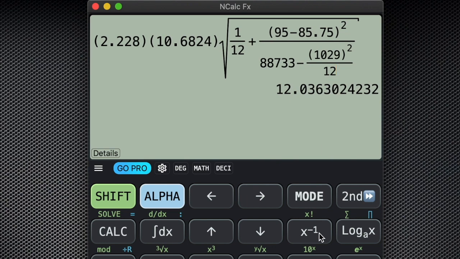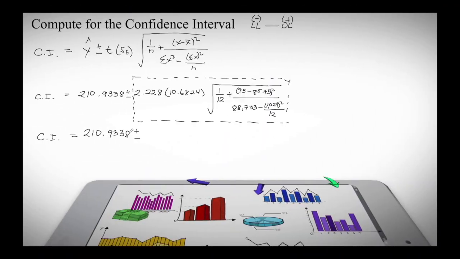Okay, so answer, let's have 12.0363. Okay, nasaan yan? Dito po, 12.0363. Dahil ito palang kino-compute natin na wala pa itong unang part. So, CI natin, for the positive, for the negative muna tayo.